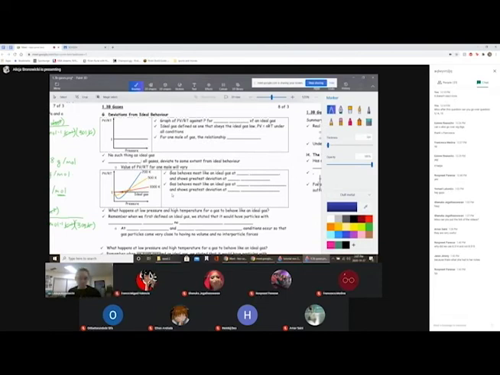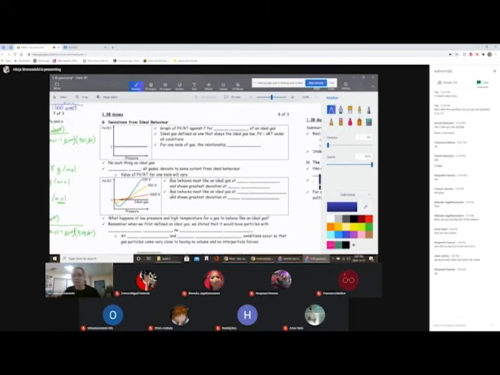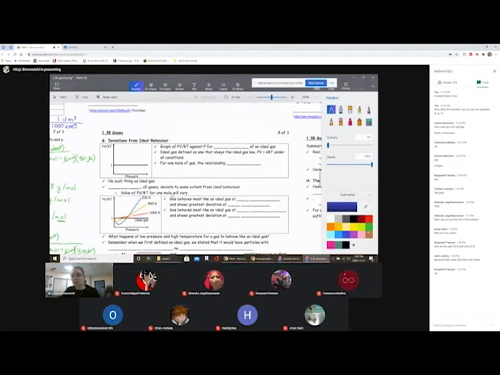Okay, so what were these assumptions? I think there were two of them, right? Our assumptions for an ideal gas. For PV=nRT to work, these are properties your gas has to have.